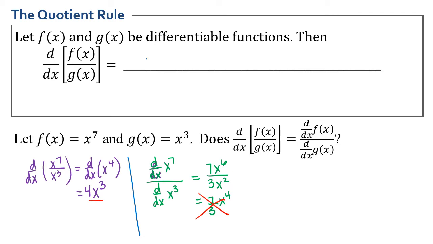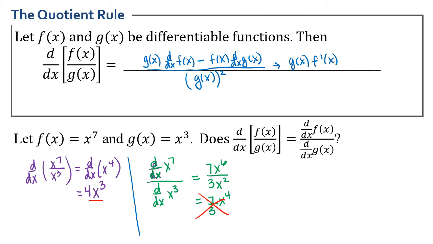It is the function in the denominator times d over dx of f of x, minus f of x times d over dx of g of x, all over g of x squared. Again, written with fewer letters, it would be g of x times the derivative of f of x, minus f of x times the derivative of g of x, all over g of x squared.